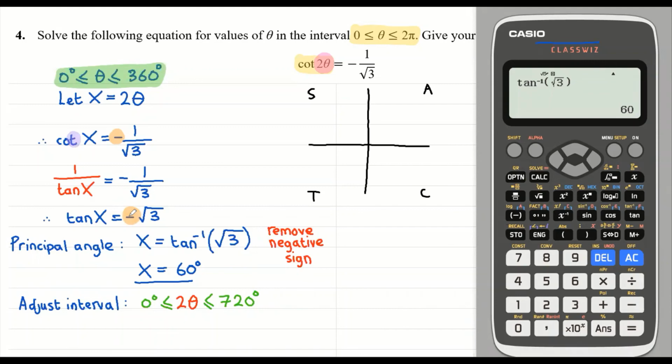Because we're finding the tan of an angle, and we know the answer is negative, it must be in the quadrants where tan is negative. Well, tan is positive in T and A, so it's not those.